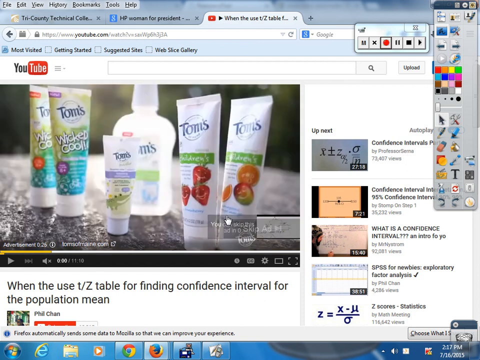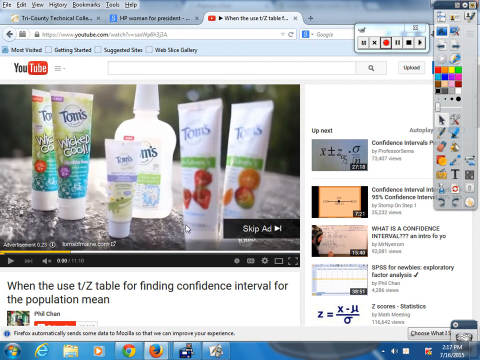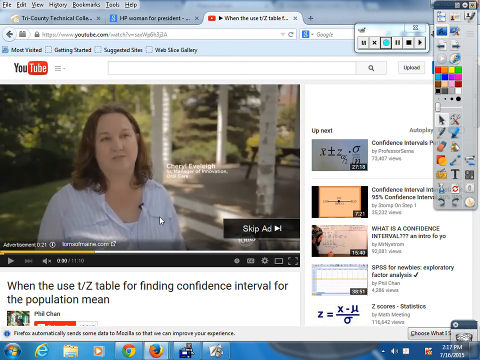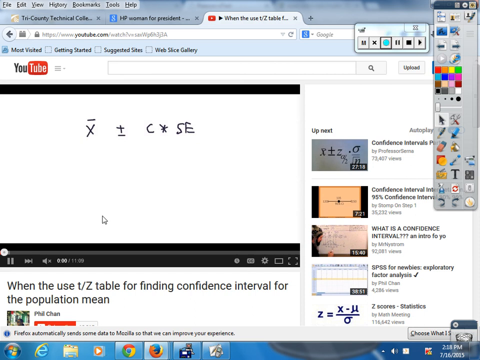Let me just see if I can find something. How to calculate the confidence interval for the population mean. Where students go wrong is which table to use.